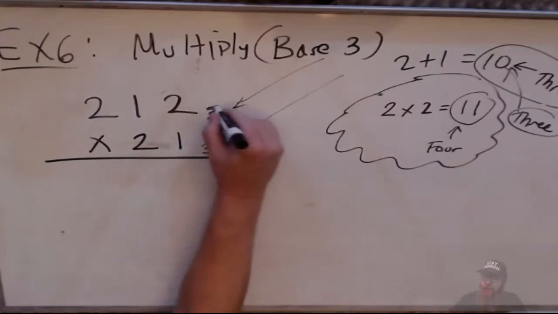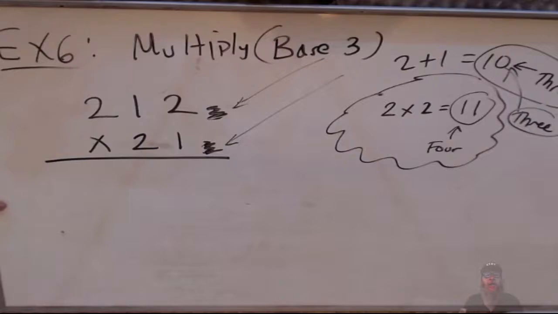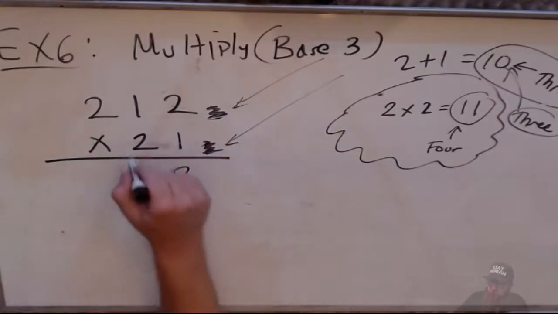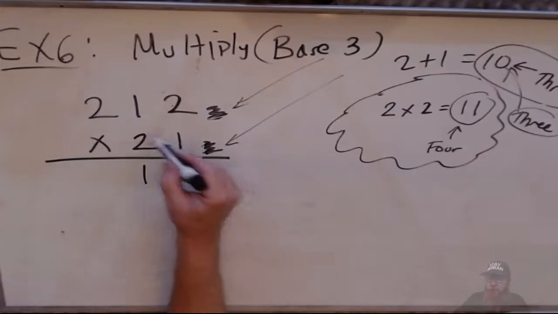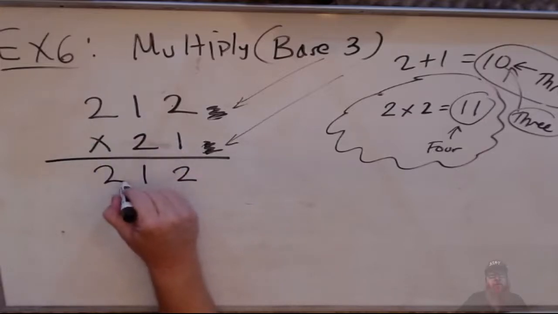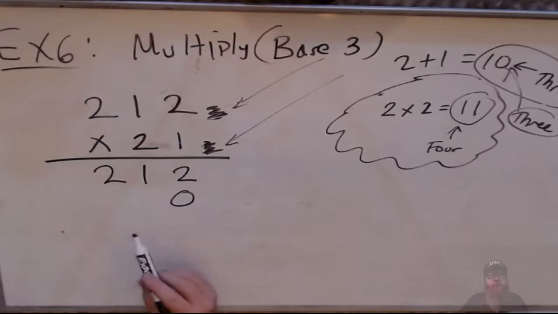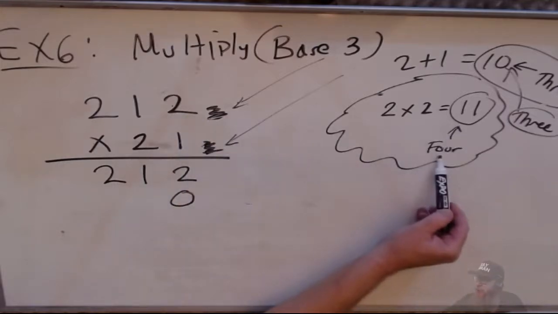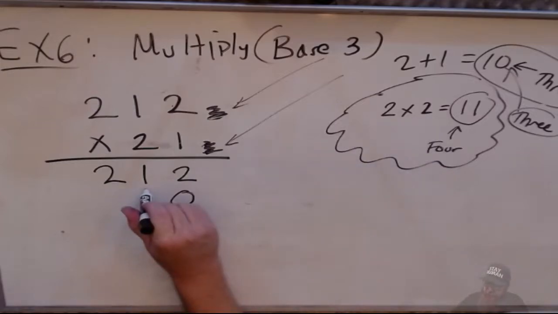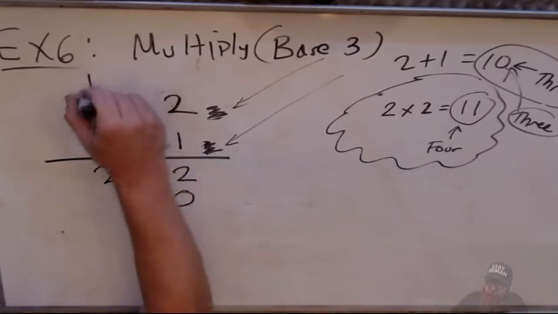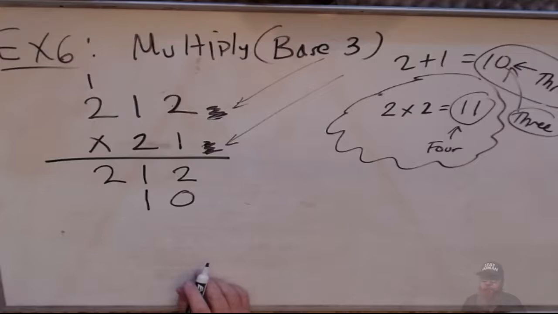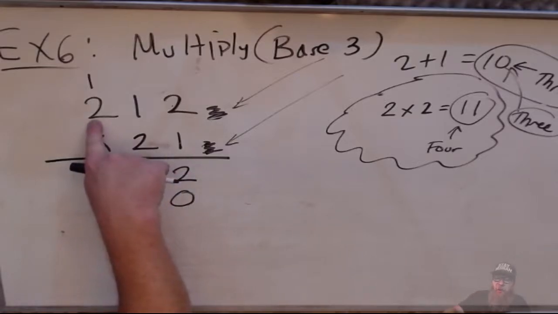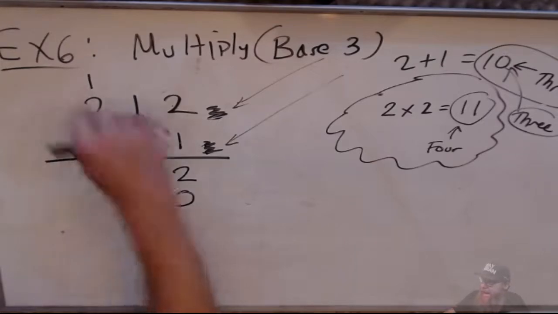I'm going to cross off these bases now because they're just getting in my way. 1 times 2, 2. 1 times 1, 1. 1 times 2, 2. Put a placeholder. 2 times 2 is 4, but it looks like an 11. So you're going to put a 1, and you're going to carry a 1. 2 times 2 is 4, plus 1 is 5.